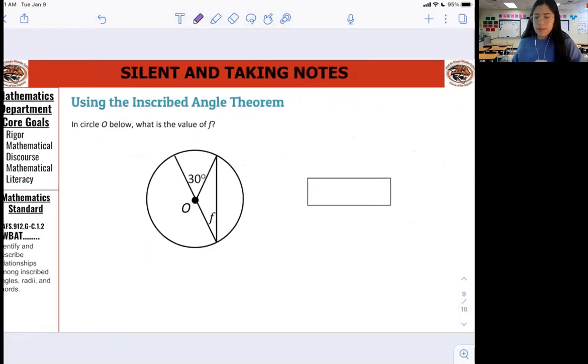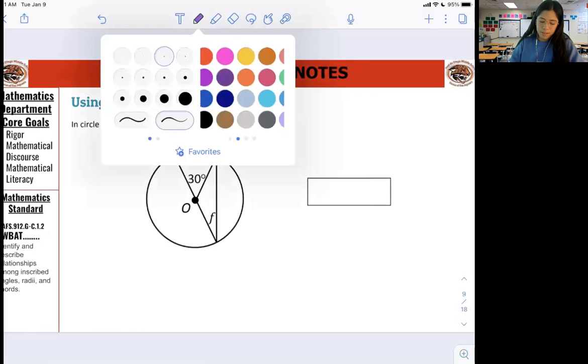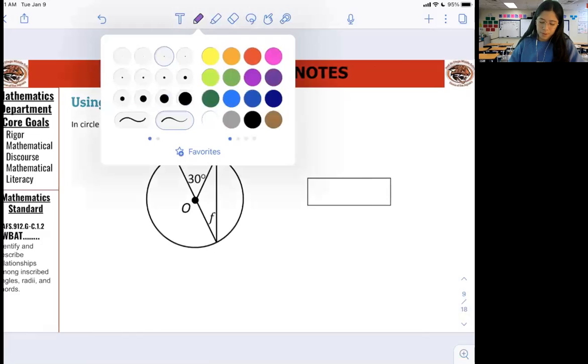Go ahead and do this one. Have an answer ready in your head, ready to go. And then we're all going to say it at the same time. Here we go. What is the measure of angle F? Good, beautiful.